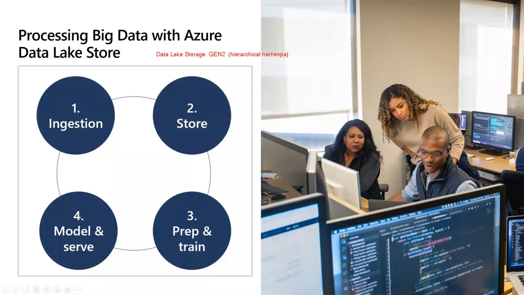So you will be able to put some hierarchy within your storage. It's not going to be flat as it was in the first generation. And the paradigm is changing. So that's why it's going to be more efficient for your big data analytics, or whether it is data warehousing.